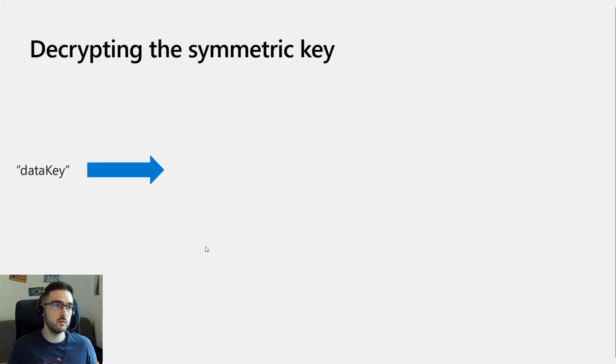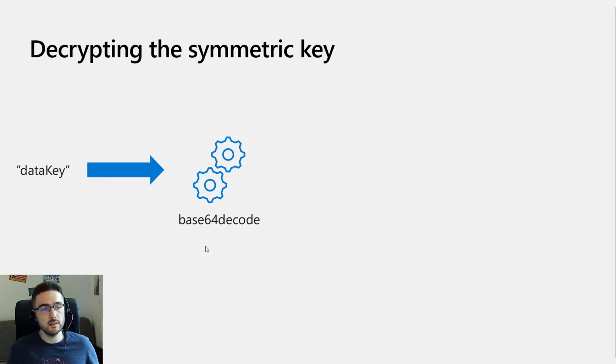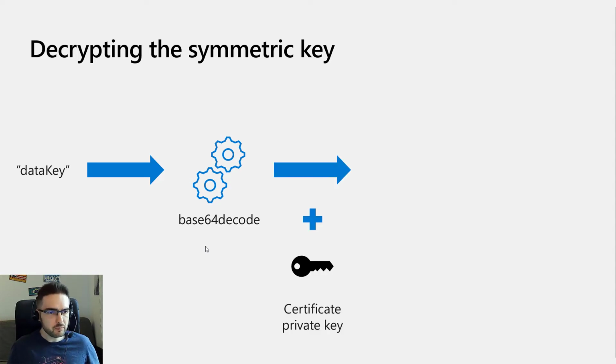So the first thing you're going to need to do is decrypt the symmetric key. It's base64 encoded by default, so you need to decode that first, right? And you have tons of libraries to help you do that. And then again, if we come back to the certificate that you used at the very beginning to create the subscription, you will use the certificate's private key this time, plus that base64 decoded data key.